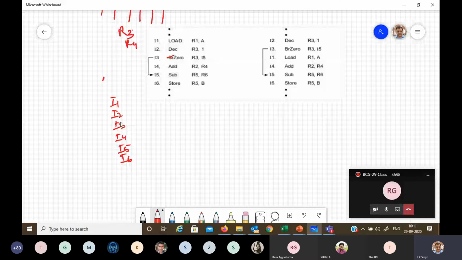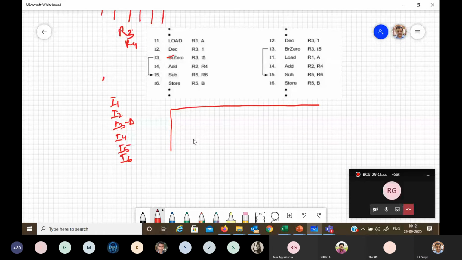These are the instructions, and I3 is the branch instruction. Suppose you are using a 4-stage pipeline, just for example.